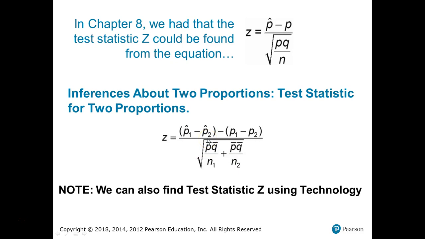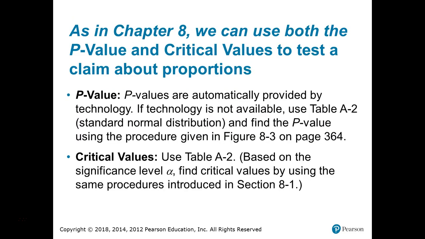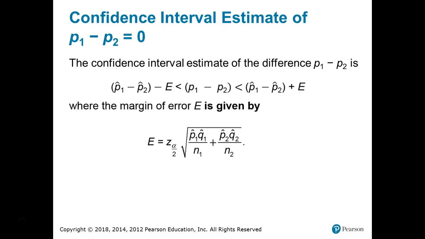So a little more complicated, and we can also use technology to get this value for us, and I'll show you how to do that as well. So as in chapter 8, we can use both the p-value and critical value to test claims about proportions. And then we can also use confidence intervals, and then we'll talk shortly about which one's preferred.